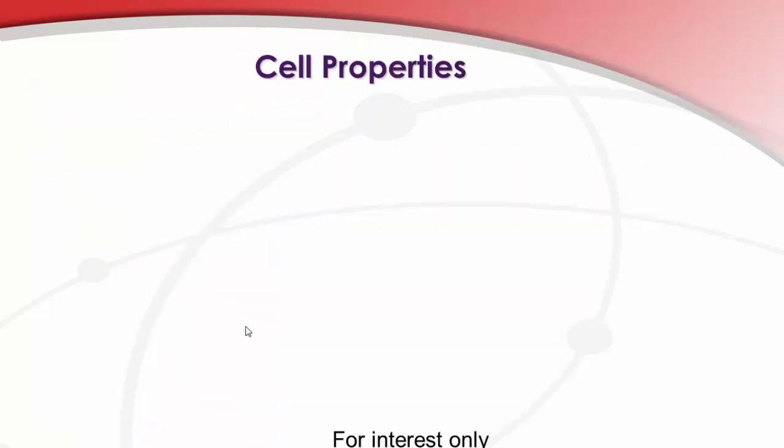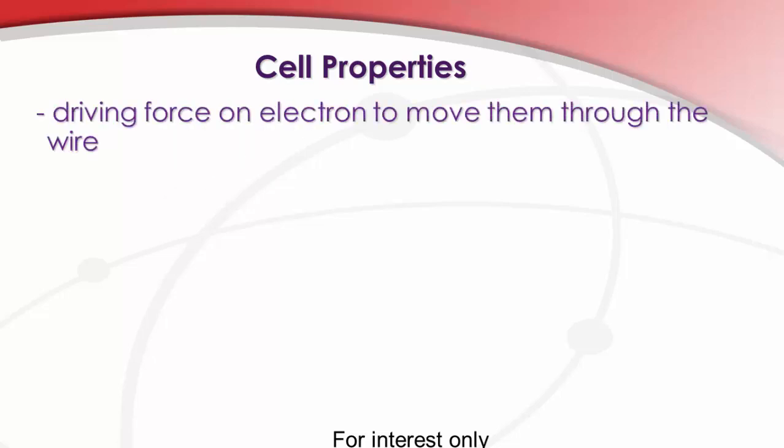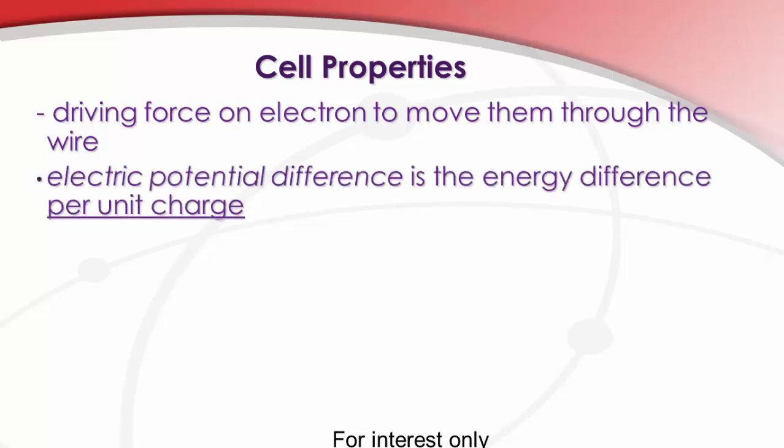All right, a little bit about electricity. We're not going to go into this in great depth, but it is good for us to be able to talk about some of the definitions of the things that are going on. So the driving force on that electron that moves through the wire is generated by the chemistry, and we call that push, that driving force, the potential difference.